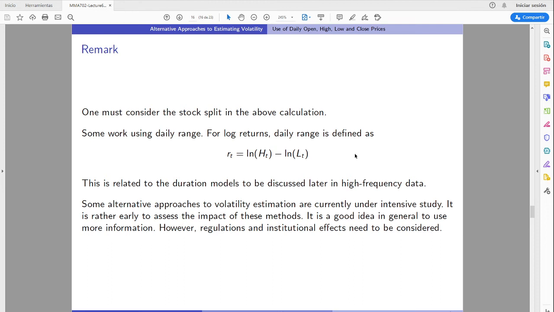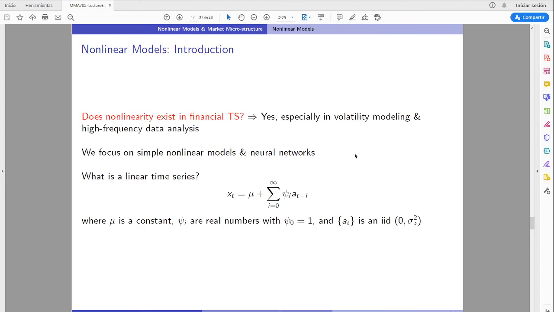So it's a good idea in general to use more information, however, if you use it, you should consider some institutional effects, serial correlations, and all that, because adding more data could be beneficial, but the corresponding model altering effects could actually mess up your measures and give you a worse estimate for predictions.